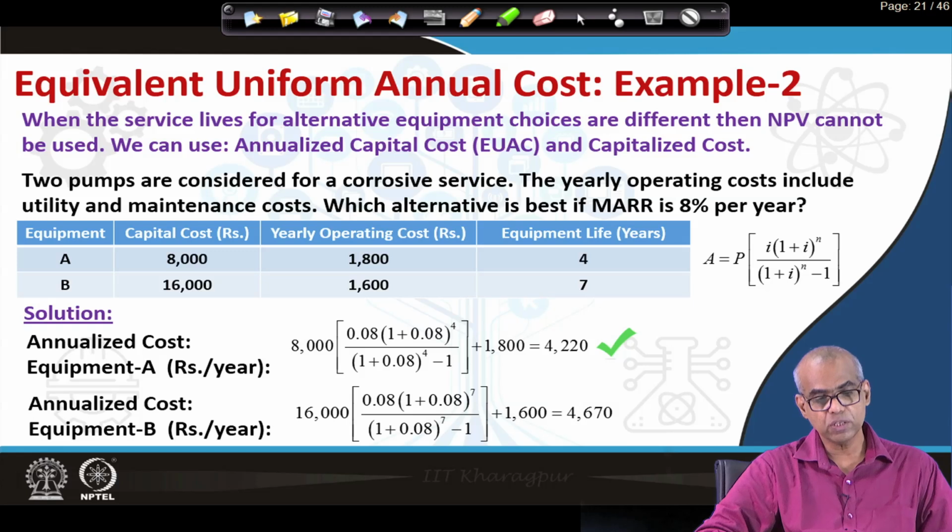Similarly, compute the annualized cost for equipment B. You can see that the annualized cost for equipment A is smaller compared to that of equipment B. So, equipment A is the better alternative and recommended.